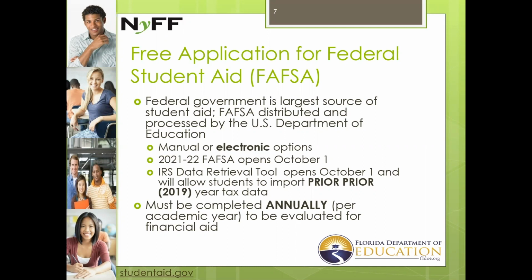The IRS data retrieval tool. Now, there's a portion of the FAFSA that is going to be asking for income information. It's going to give you the option to manually input your tax data. Or if you meet certain criteria, it may give you the ability to retrieve your tax data directly from the IRS website.